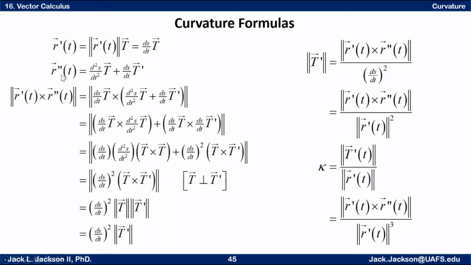And so it can be written that way. So what if we cross product these two guys and then take a norm of that? For now, the norm is along for the ride. We're going to do the cross product on the inside. Working on the inside, r prime, by this expression, is ds over dt times T vector.